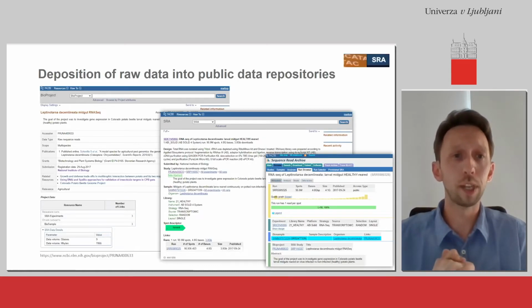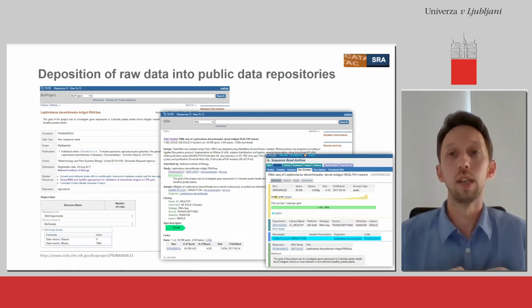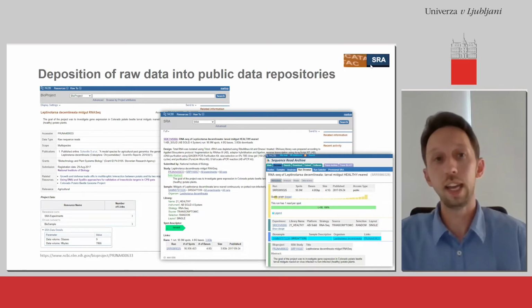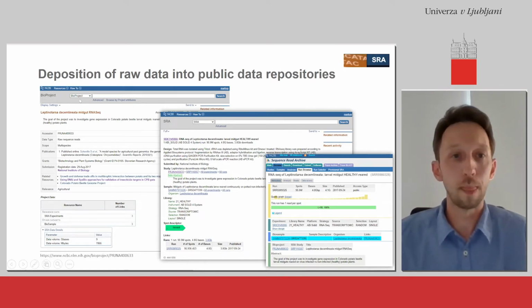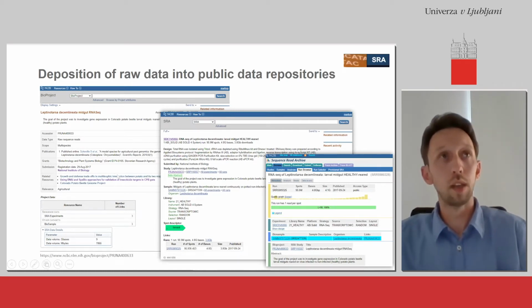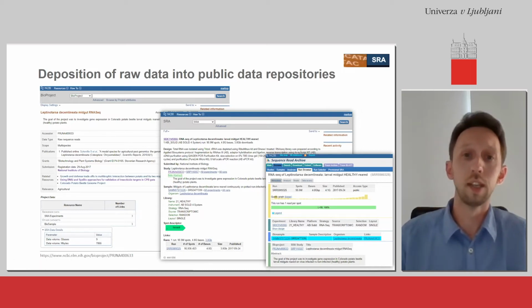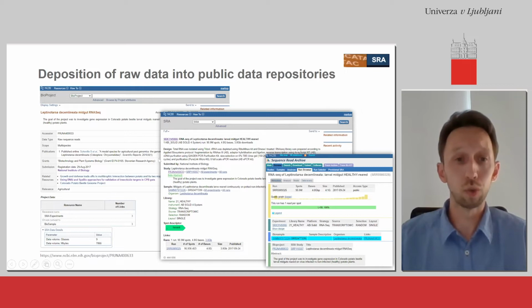So just to show you quickly how the deposition of raw data to the SRA looks like. You have to fill out this metadata, usually you get an Excel table or you have a wizard, depending on what you choose.